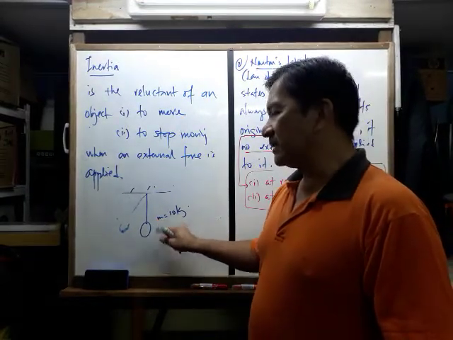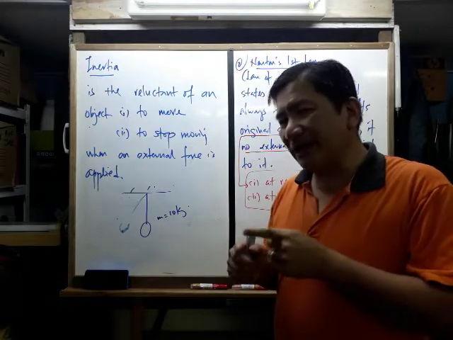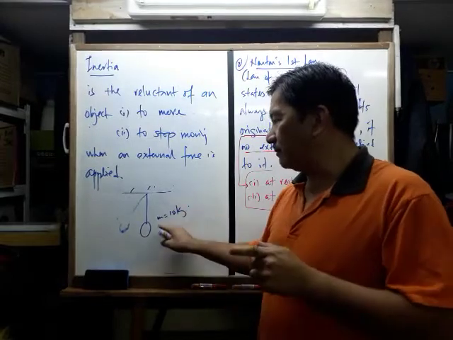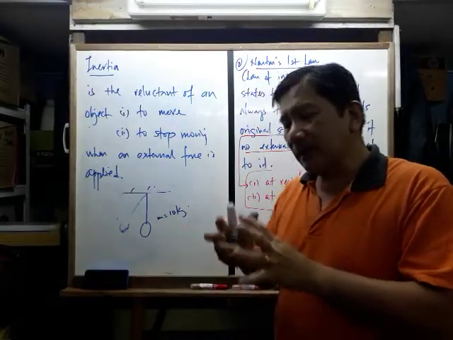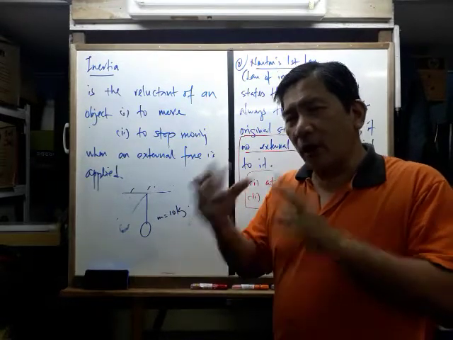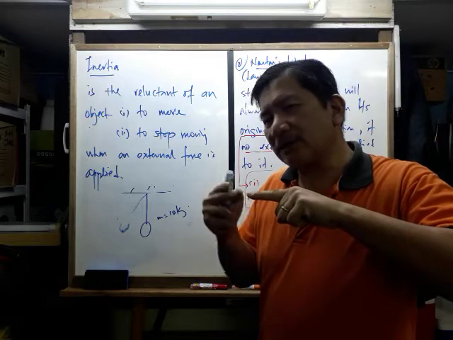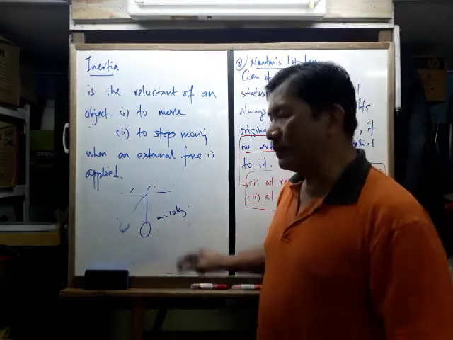You can actually feel the reluctance of the pendulum to start moving when you are pushing it from one side. That reluctance of the object to move is felt by your finger as something pushing back against your fingers, right? So that is called inertia.